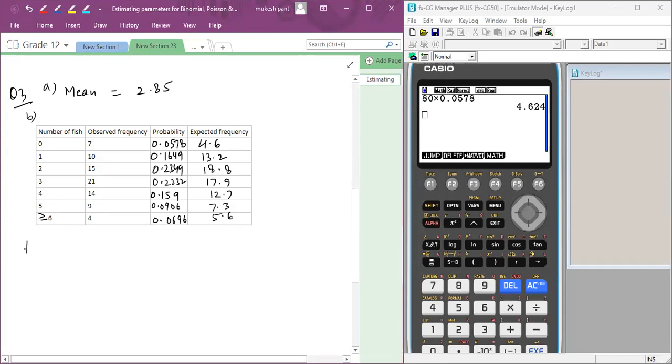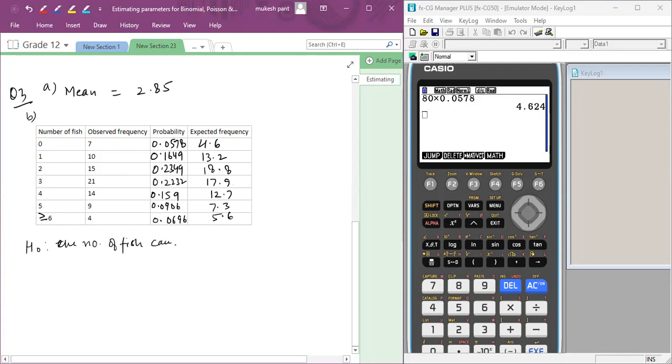So you need to write H0. Using this mean as an approximation for the population mean, perform the chi-square test, so this data, the number of fish, you can write the number of fish.